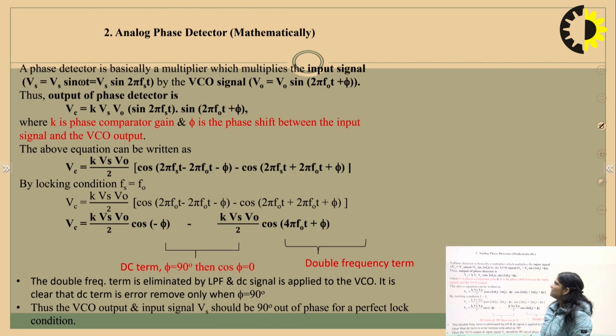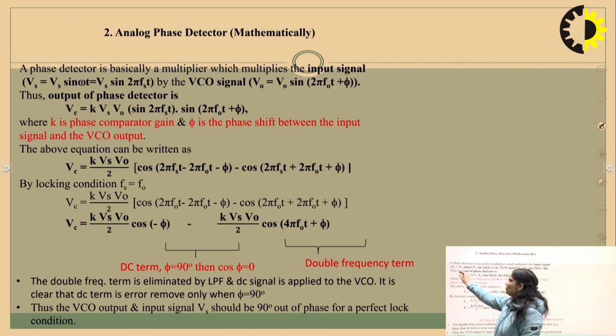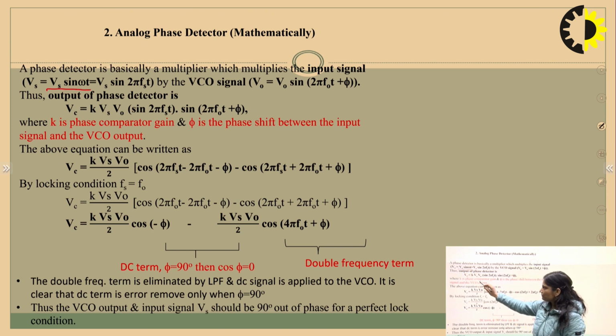Now the third is, if we have to prove it mathematically, we can take two signals. The first signal is Vs equal to Vs sin omega t, and you all know omega is equal to 2 pi fs, so you can put the value of 2 pi fs in this signal, and this is your input signal.